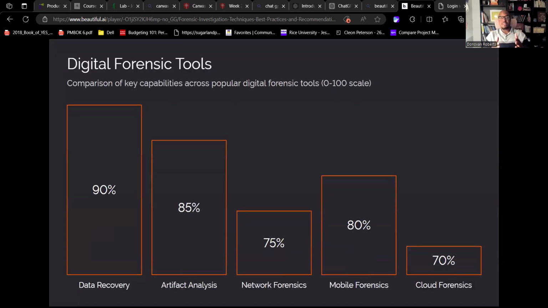So here is a comparison of key capabilities across popular digital forensic tools. As you can see, you have data recovery. Of course, it's going to be a major one. Data is going to tell you a story. You're going to have artifact analysis, analyzing hard drives, computers, phones, network forensics, mobile forensics, and cloud forensics.